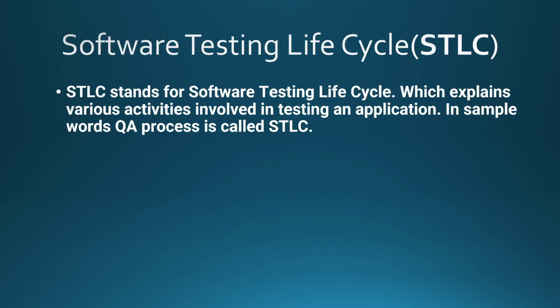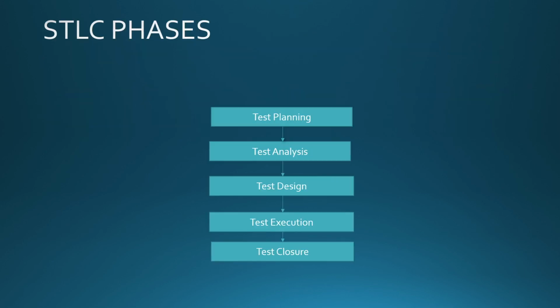We discussed what the software testing life cycle is and what activities we have inside the STLC phases: test planning, test analysis, test design, test execution, and the final one, test closure. Once all the test cases are executed successfully, we close the tests which were executed successfully. That comes under the test closure phase.